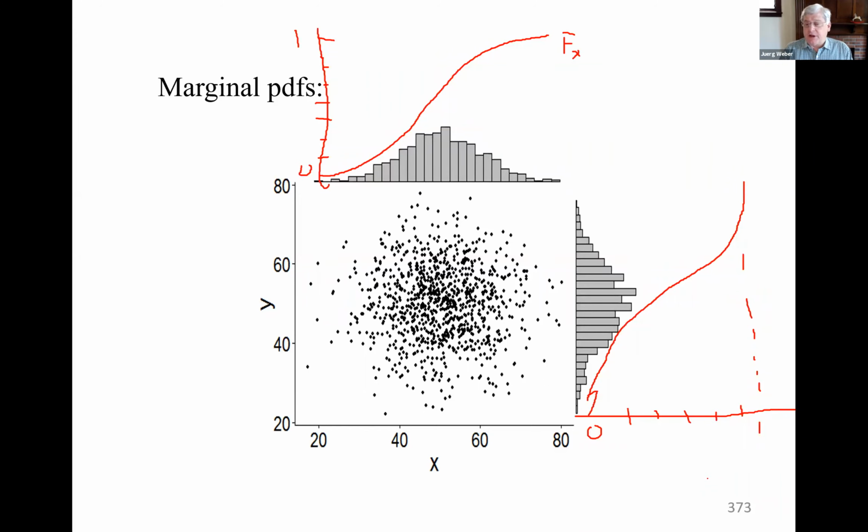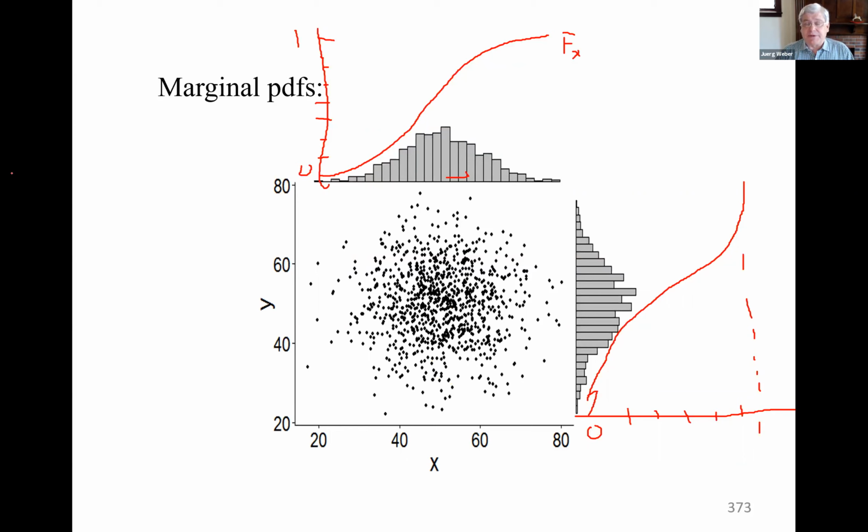So be careful. The marginal distributions are not necessarily uniform, they could be, but they are usually not uniform. Maybe the marginal distributions, those gray histograms, are highly skewed, maybe they have a gamma distribution. So you actually could have any distribution.